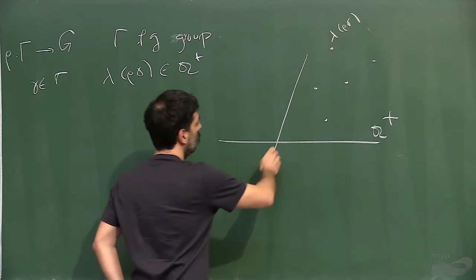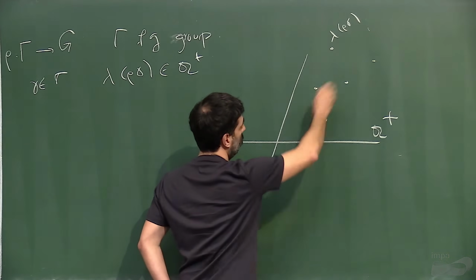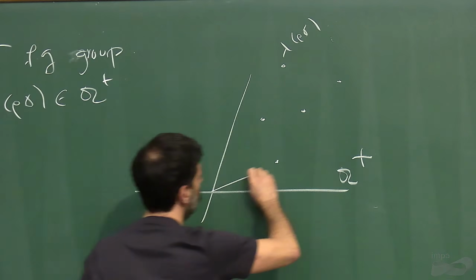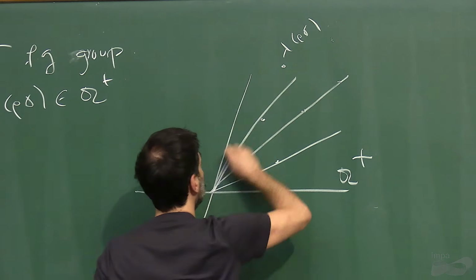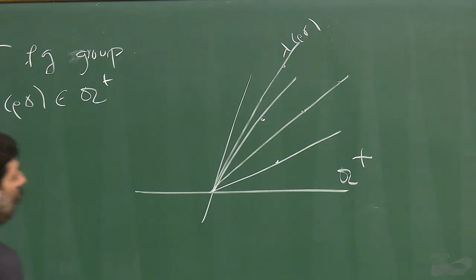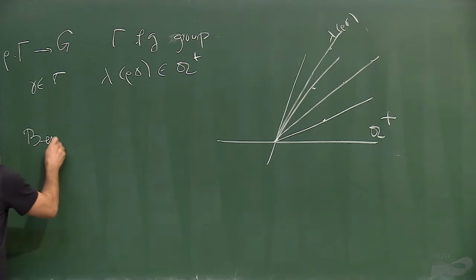What I'm going to do is consider not the vector, but the half line it determines. I take all these half lines, and I take the closure of them. And we give a name to this. This is called Benoist's cone.